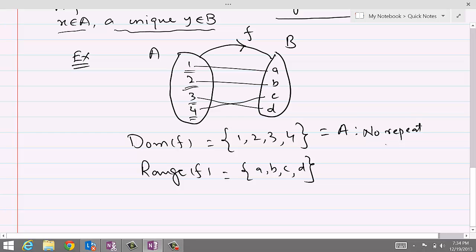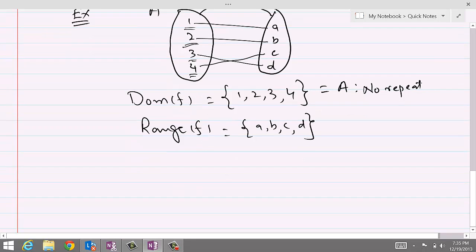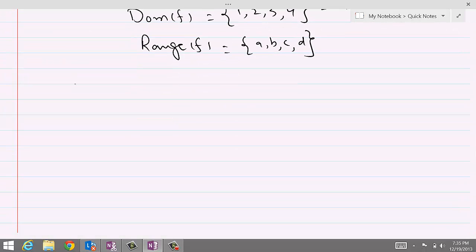So none of the elements in the domain is being repeated and they are equal to set A. So that's why this relation is called a function. Also the range is equal to a, b, c, d. Now let's take another example.